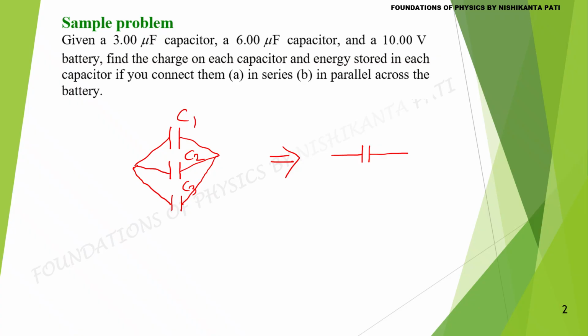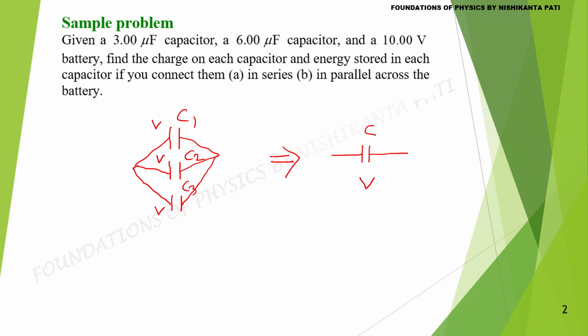If V is the potential difference across this effective capacitor, then V is also the potential difference across the first capacitor, second capacitor, third capacitor.